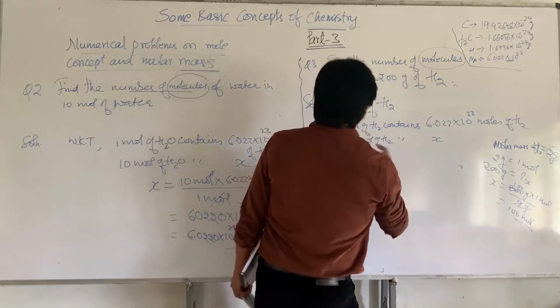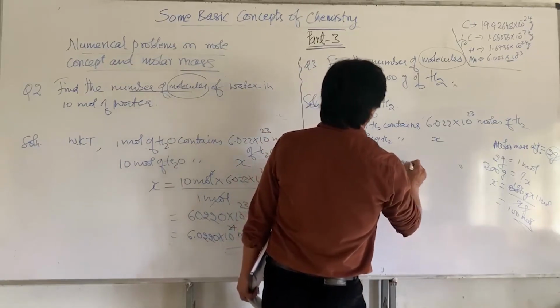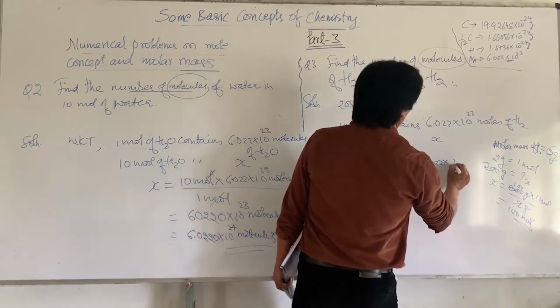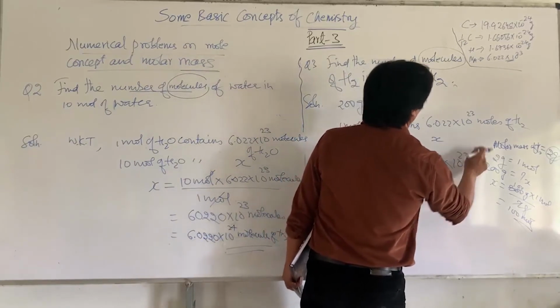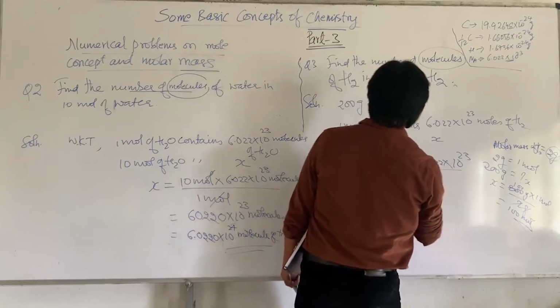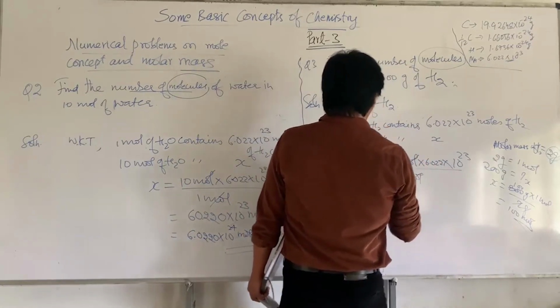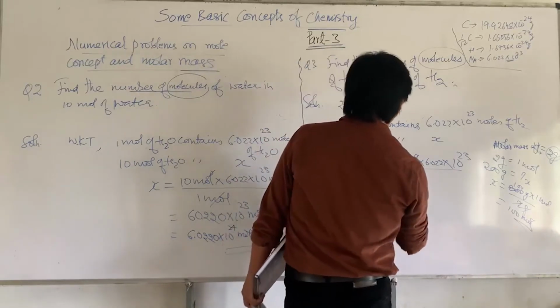So X is equal to, you write this as 100 moles into 6.022 into 10 raised power 23 molecules of dihydrogen divided by 1 mole here. And then mole and mole get cancelled. Finally, just multiply these two.